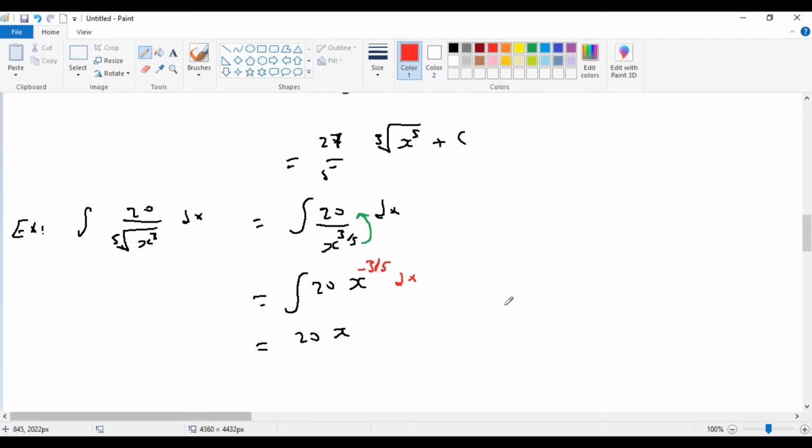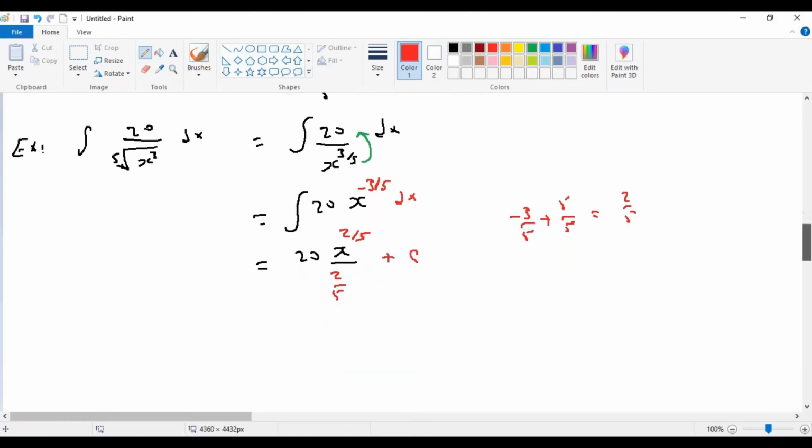So then what do I have? Negative 3 over 5 plus 1. 1 is 5 over 5, so that means 2 over 5. So x to the power 2 over 5, divided by n plus 1, plus constant.